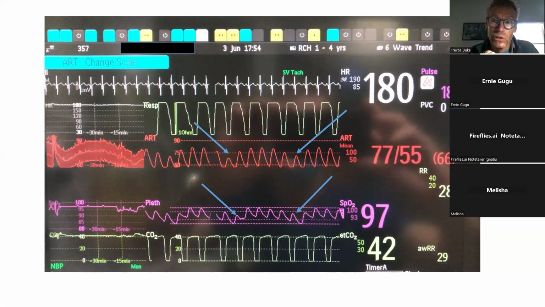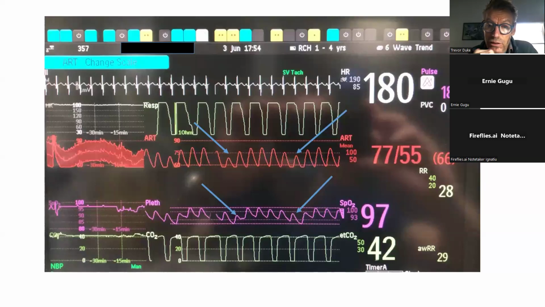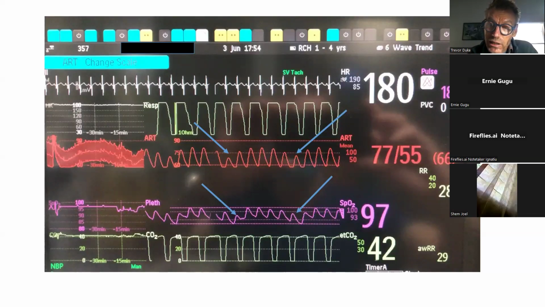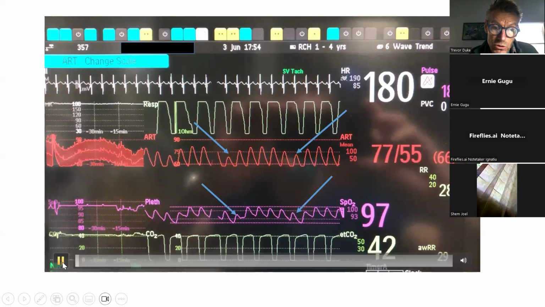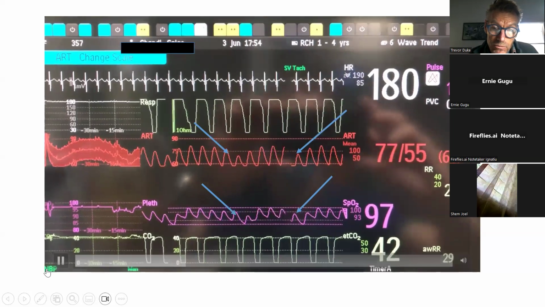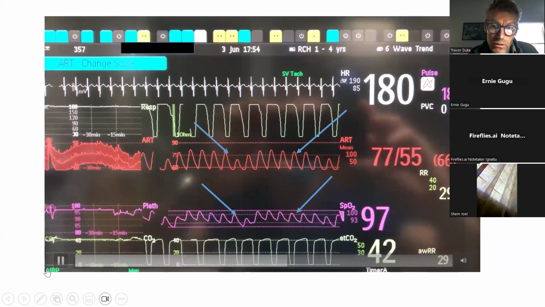So this child, when given oxygen, had a good saturation. The heart rate was still high, so the heart rate was 180. The blood pressure is, don't worry about that too much. But I want you to look at the saturation trace and see what you can see, more than just the number. Just look at this.